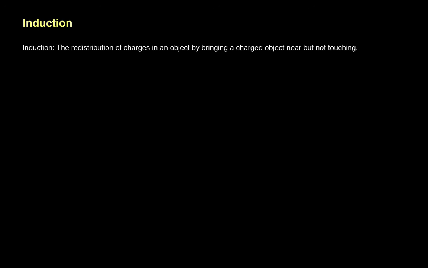Induction is another method that can be used to charge a sphere. Induction is the redistribution of charges in an object by bringing a charged object near but not touching. Conduction involves touching the two objects together. Induction involves two objects near each other but not touching. Charging by induction is a little bit more complicated.